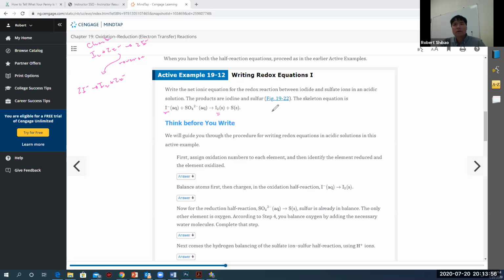The other one we don't have on the chart, because this is sulfate going to elemental sulfur. This one is not on the chart. Let's go back to the chart and I'll show you what I'm talking about.